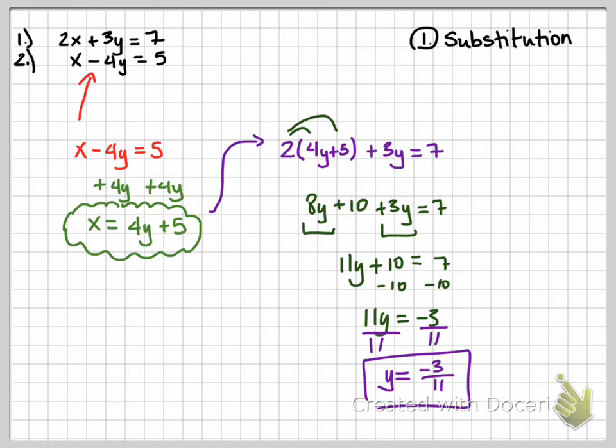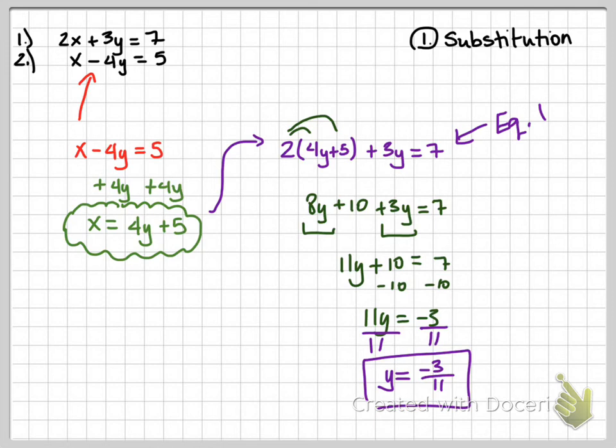If I had been nicer, I would have used better numbers, but that doesn't totally matter because you might not get nice numbers on the test. We're just going to plug it in. It's just a normal number. Since we solved using equation number 1, when we get an answer, we plug it back into the other equation that you didn't use.